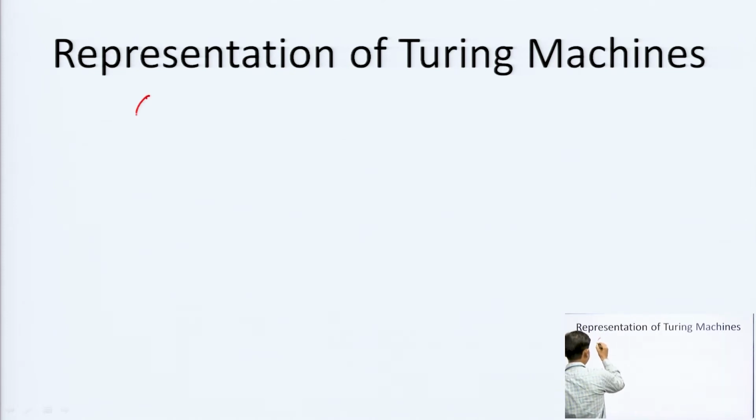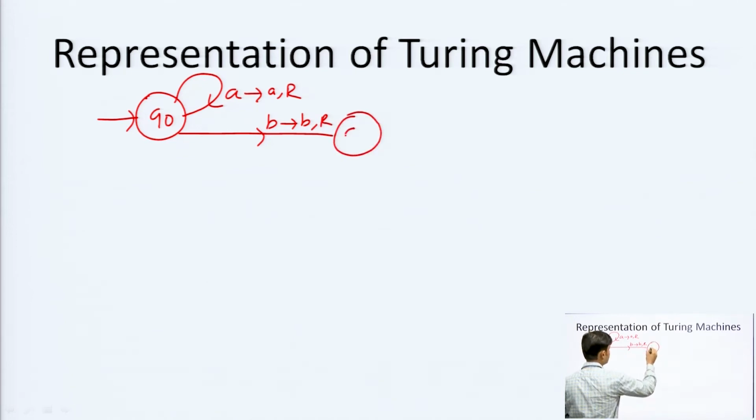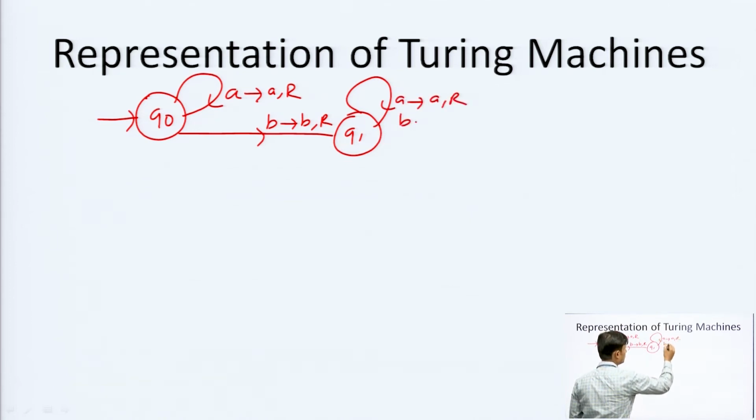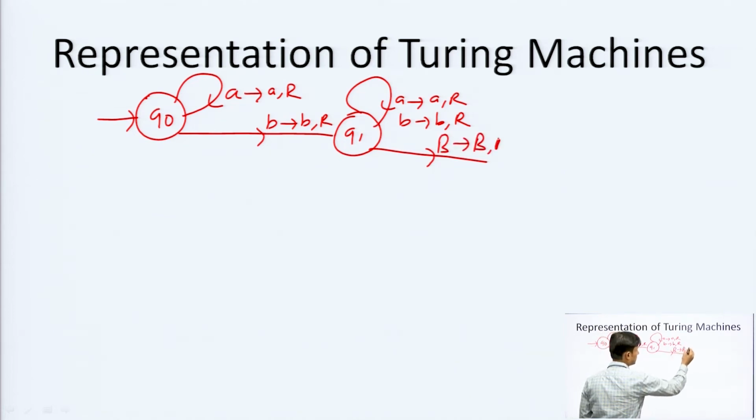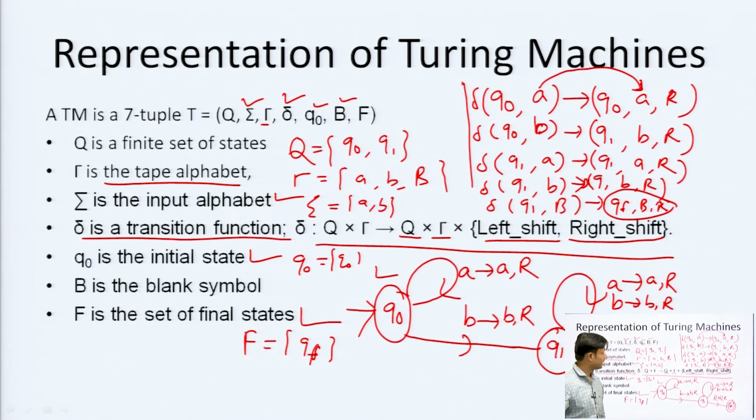See here: Q0 with A to A, R, and B to B, R. Then Q1 with A to A, R and B to B, R, and blank to blank, R, going to QF, which is the final state. The same diagram I took, I did here.